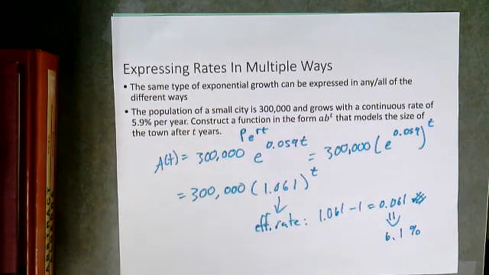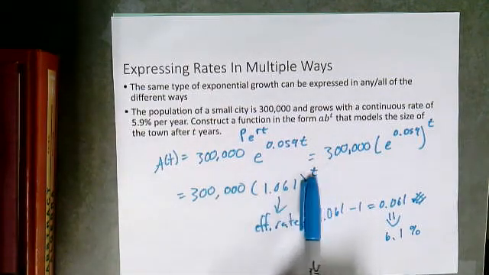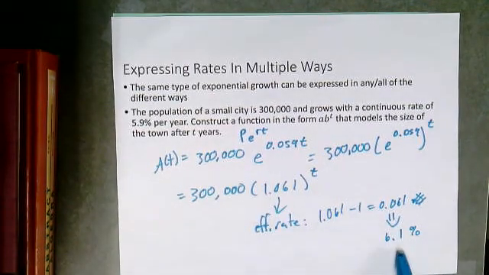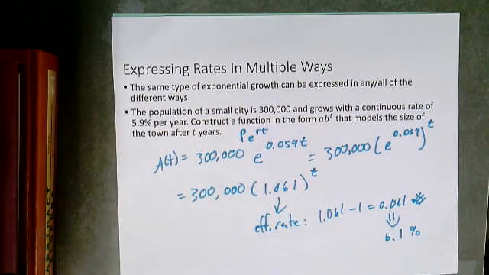Wait, I misread something. Construct a function in the form AB to the T that models the size of the town after T years. Right, so we did that, AB to the T, and the effective rate is 6.1%. So it actually didn't ask for that, but hey, we found it anyway.